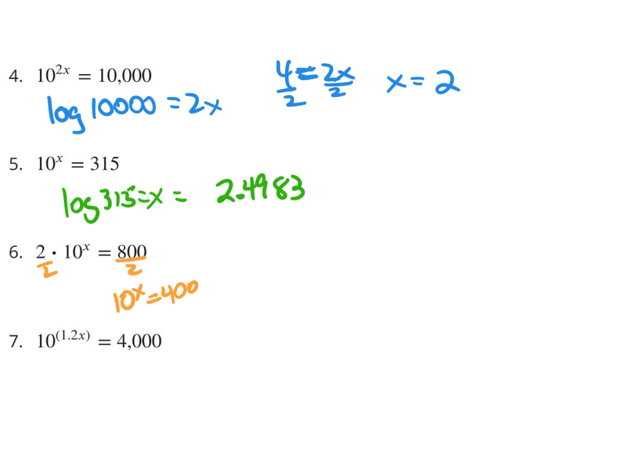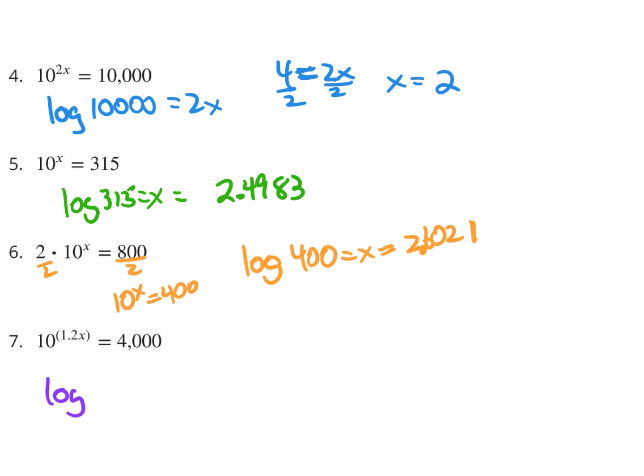We cannot count the zeros in this because it does not start with a 1. So now we got to do log 400 equals x, which equals 2.600205, which makes it 2.6021.